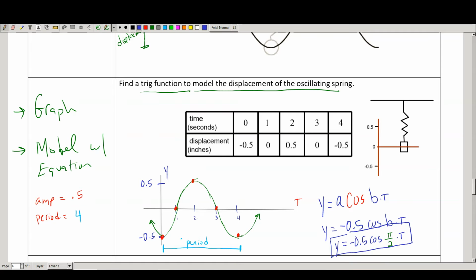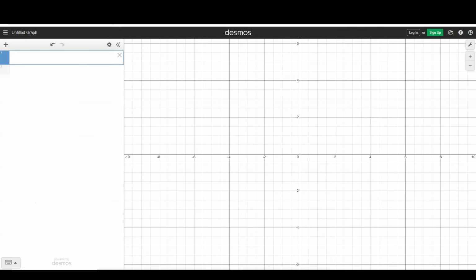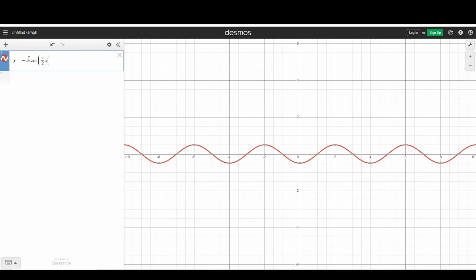If I go to Desmos here, I can just quickly double check my answer. So the equation that I had was, let's see, y equals negative 0.5 cosine of, let's see, pi over 2 times the variable. Desmos probably wants an x there, so I'll put an x.